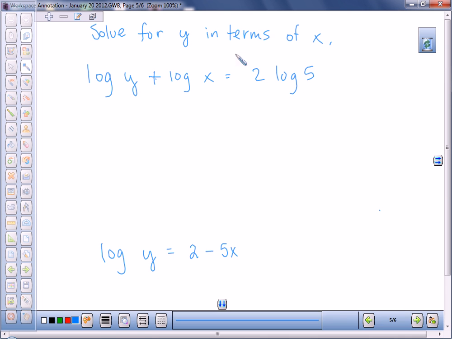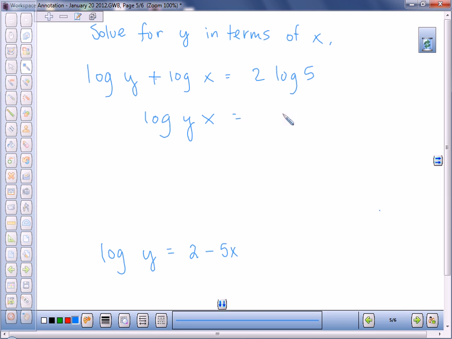Okay. Let's do a couple more. These are equations, and we're going to take these equations and solve for y in terms of x. So it's going to be y equals something. How can I simplify this side of the equation? Log yx. How can I simplify this side?